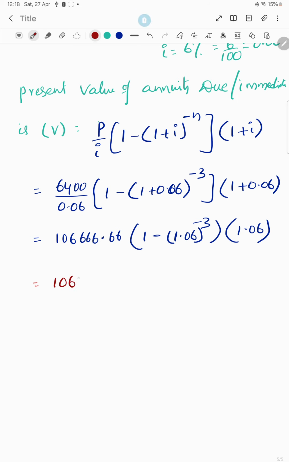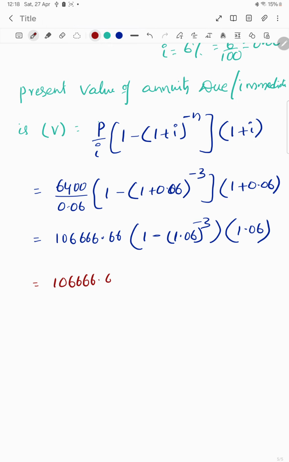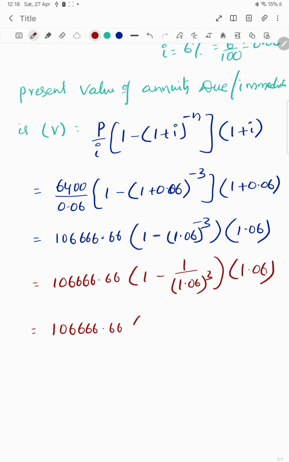This implies, let's take all the above values, 10666.66 into 1 minus, this can be written as 1 by 1.06 whole to the power of plus 3, into 1.06. This implies, I'm just copying the above value, into 1 minus, now I'm going to calculate 1.06 to the power of 3.